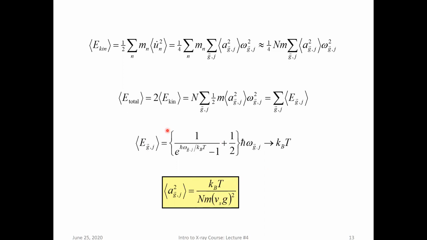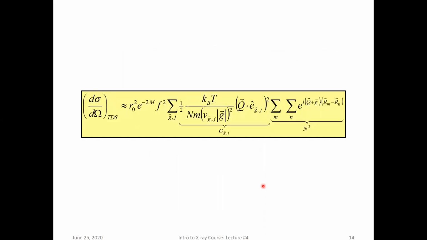The key thing to remember is that the amplitudes of the vibrations go like kT. So if I plug this all back in, I now have a closed form expression for the thermal diffuse scattering. It goes like kT, and this is the location of it.